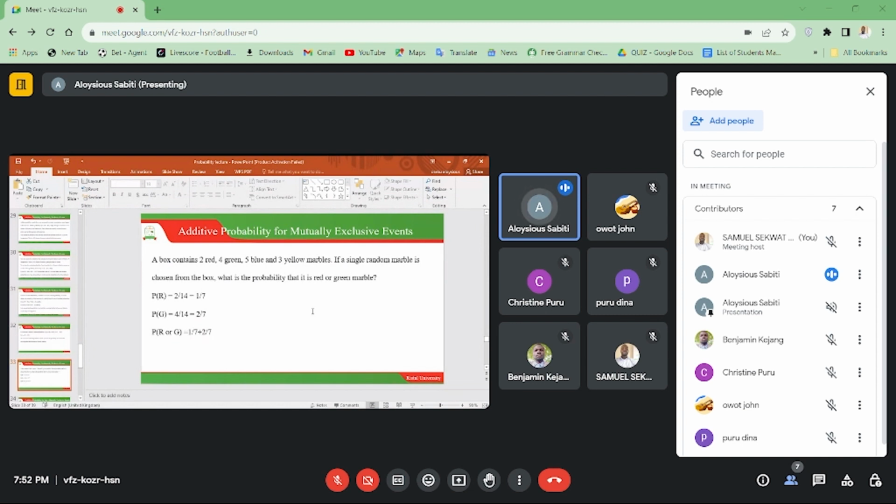Why? Because a red marble cannot be green. A green marble cannot be red. A green marble cannot be blue, and a blue marble cannot be yellow. So meaning they are different, from one pick, the single random marble chosen from the box cannot be both red and green, or contain all the other colors.